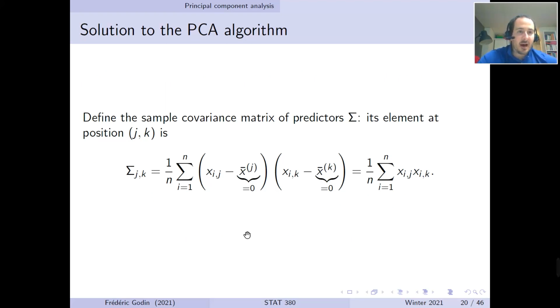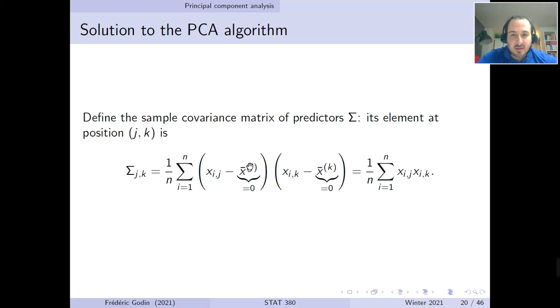Okay, so based on our data, we can define the sample covariance matrix of predictors, Sigma. So the element at row j and column k of Sigma is simply the sample covariance between the jth predictor and the kth predictor across all observations.